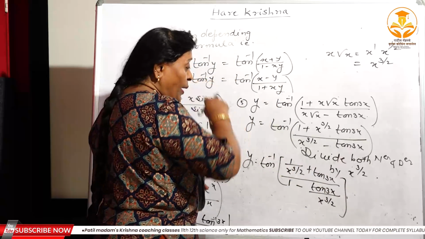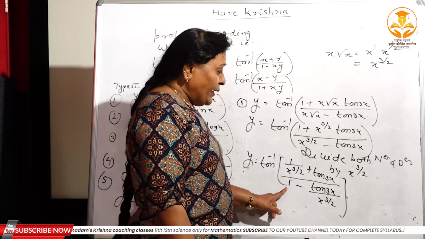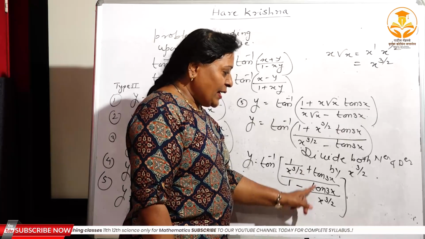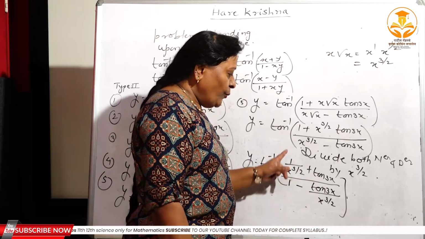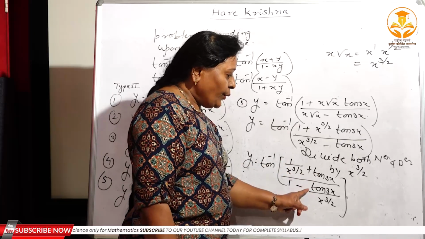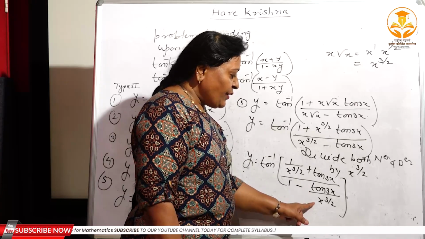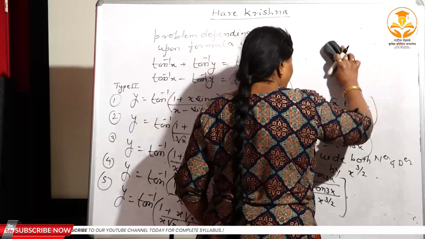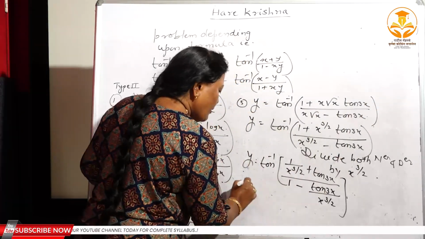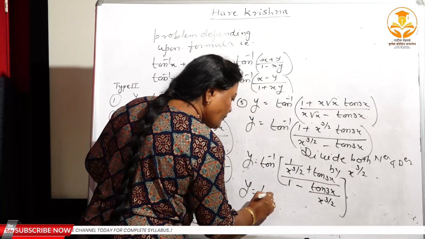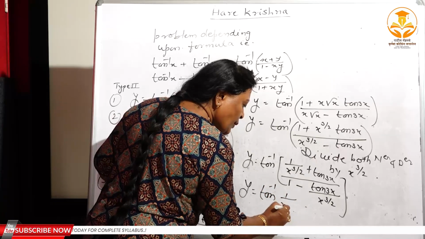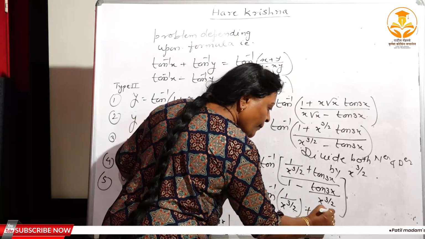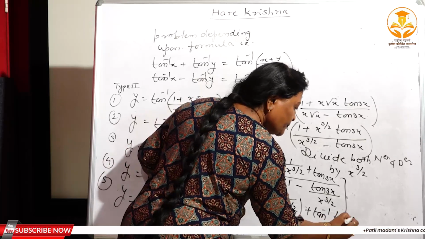Again, your problem is in a standard form. One is strictly there. Whatever the terms added, their multiplication is there. Tan 3x into 1 upon x to the power 3 by 2 is nothing but tan 3x divided by x to the power 3 by 2. Therefore, again, the simplified form of this: y is equal to tan inverse of 1 upon x to the power 3 by 2 plus tan inverse of tan 3x.